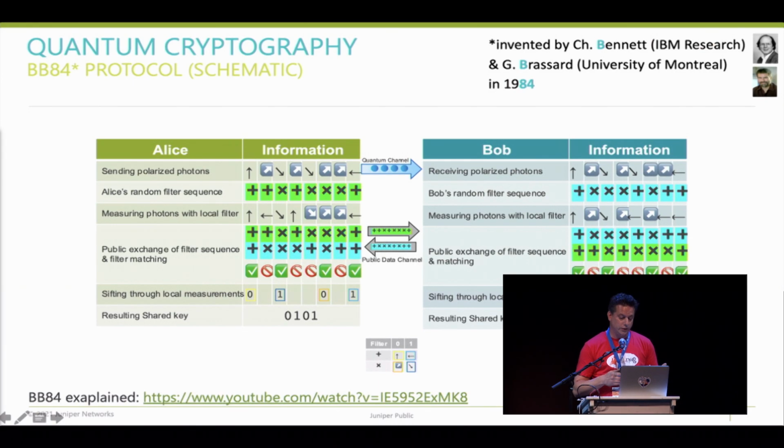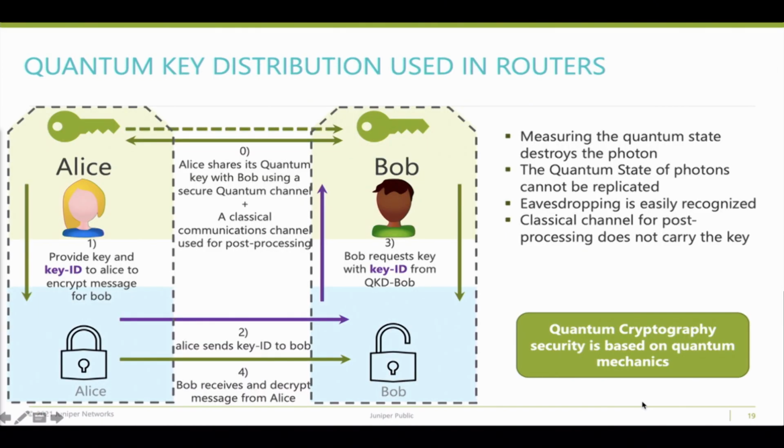You would need to intercept both channels, but by the properties of a qubit, that it collapses, it would be really hard for an interceptor to regenerate the same qubit and send that to Bob. That is why this is considered to be really hard to crack.